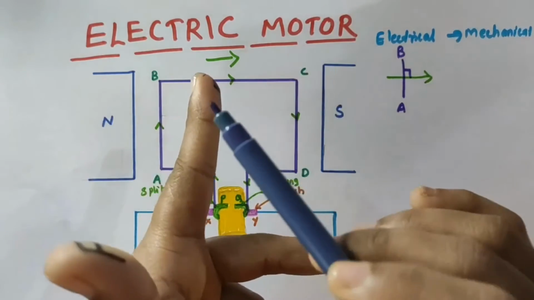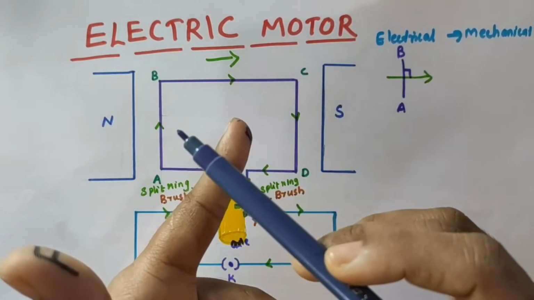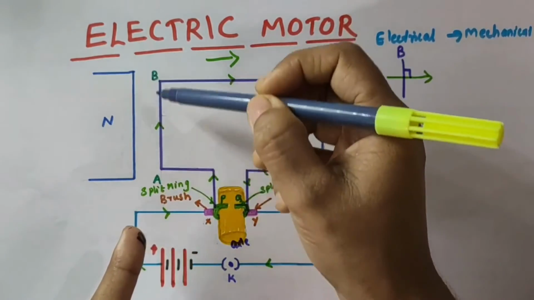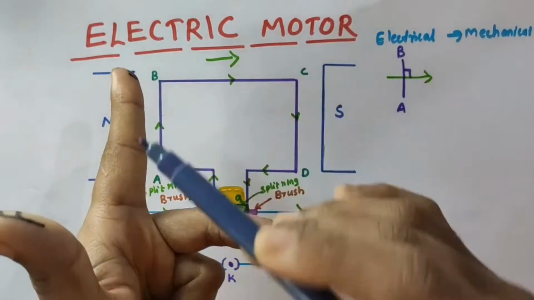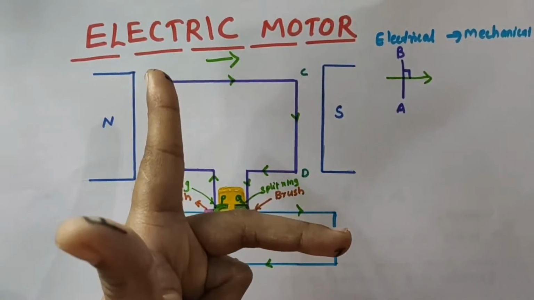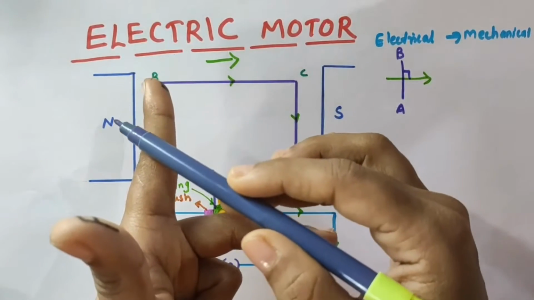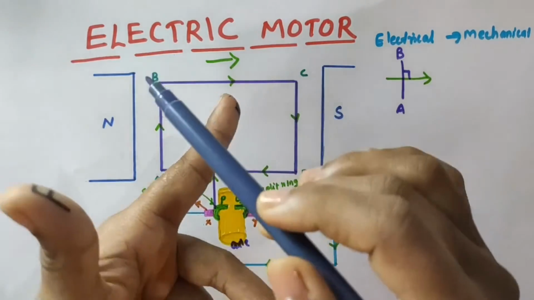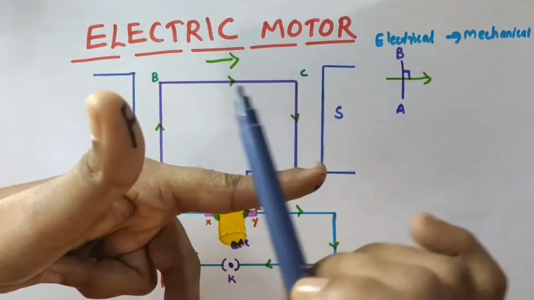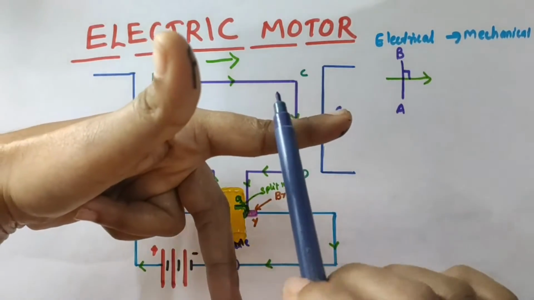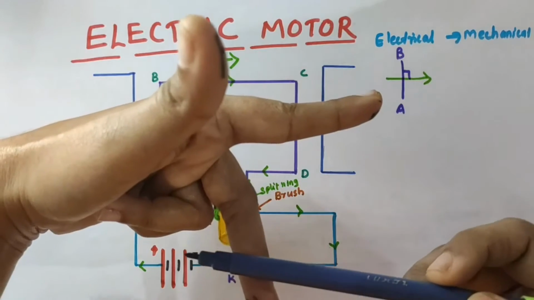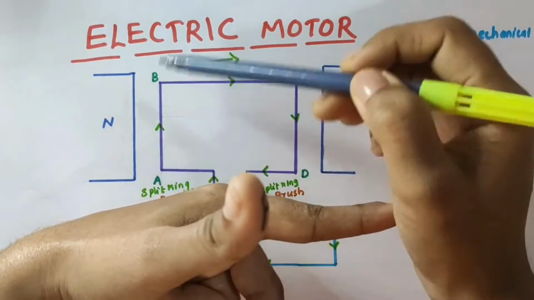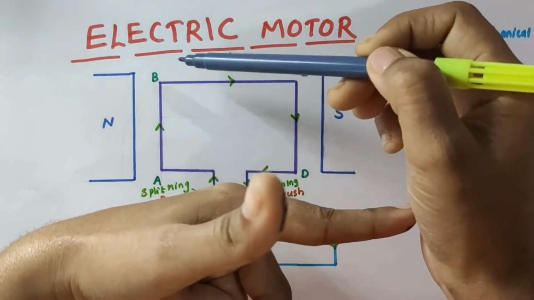Now the current in AB is upward, so the forefinger is in the direction of the magnetic field. This has to be from left to right, so my forefinger is in this direction, and my middle finger will be in the direction of the current in AB, that means upside, down to up.